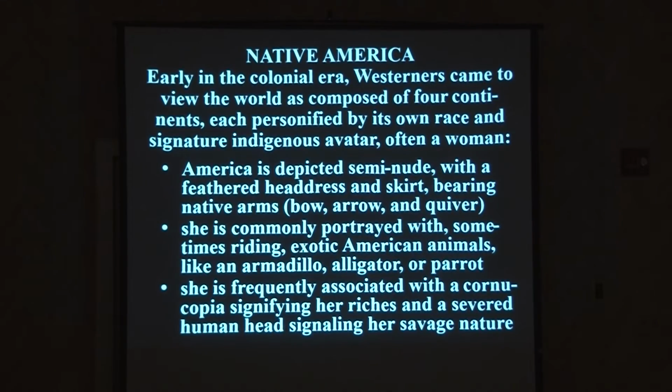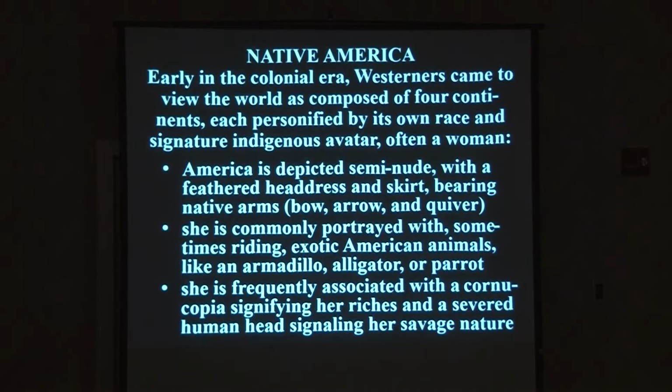America is depicted semi-nude with a feathered headdress and skirt bearing native arms, bow, arrow, and quiver. She is commonly portrayed with, and sometimes riding, exotic American animals like an armadillo, an alligator, or a parrot. And she's frequently associated with a cornucopia, signifying her riches, and a severed human head, signaling her savage nature.